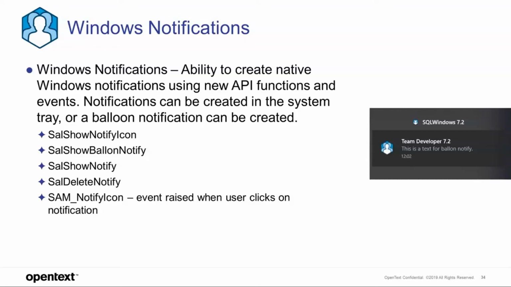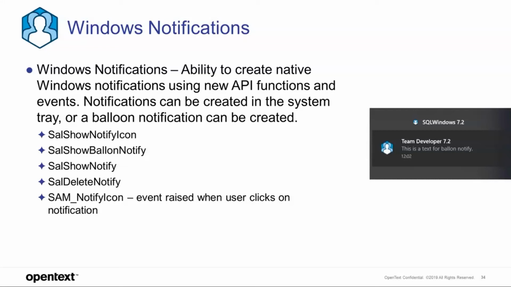Actually, I think we changed the function names to be SAL notify show icon so that you have a more consistent one. So sorry about that here. But you can see what the concept is. And there's a message that you can use, which is the event that is raised when a user clicks on the notification. So you can examine that and execute custom code when the user clicks on the notification.